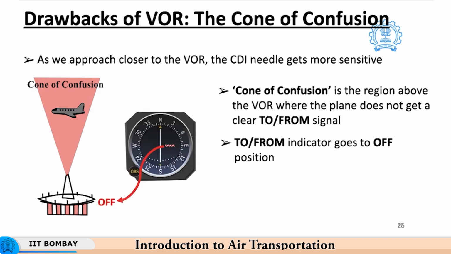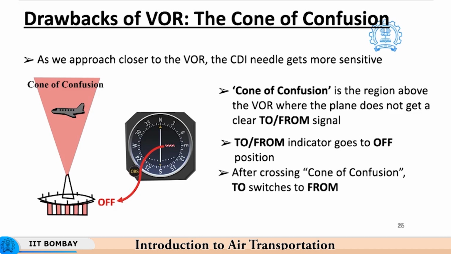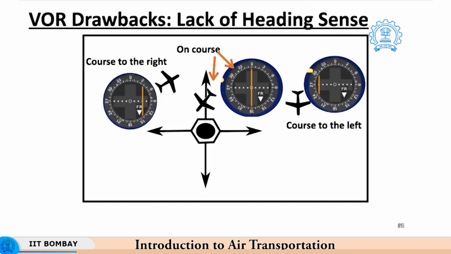So whenever the pilot sees the off position, he or she will understand that the aircraft is flying immediately above the VOR station. After the passage of this cone of confusion, the to-from indicator will switch to the from indication.